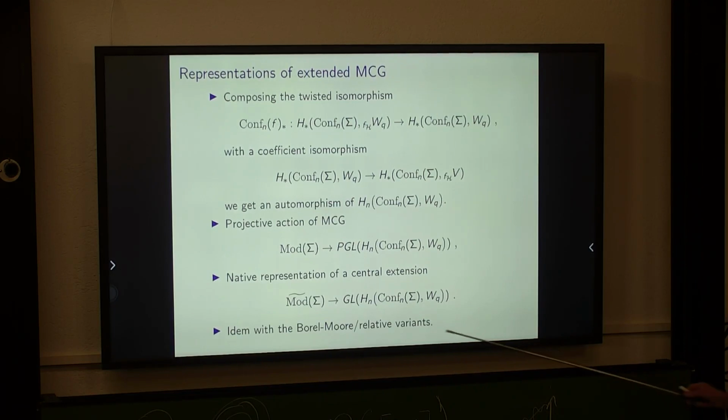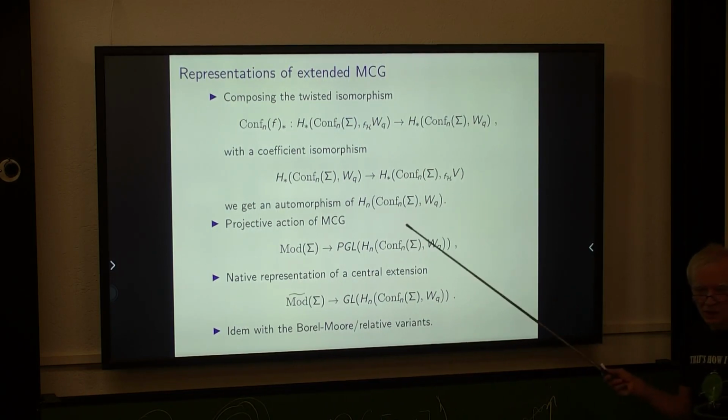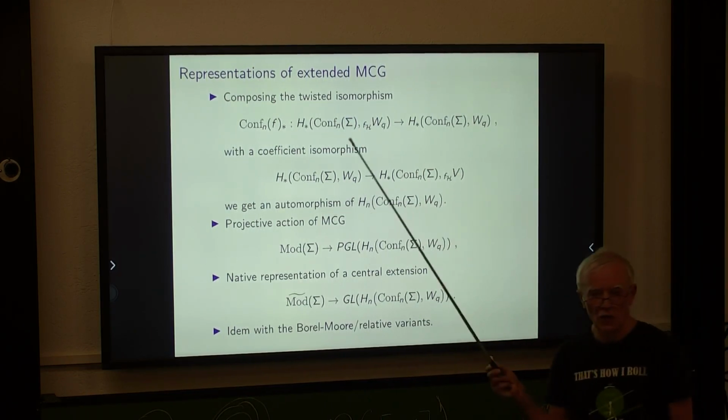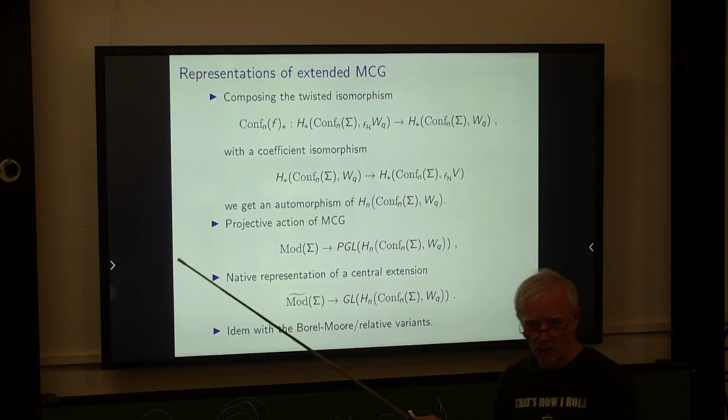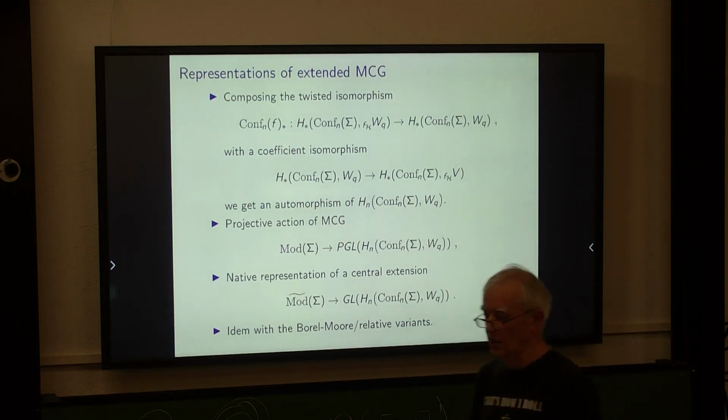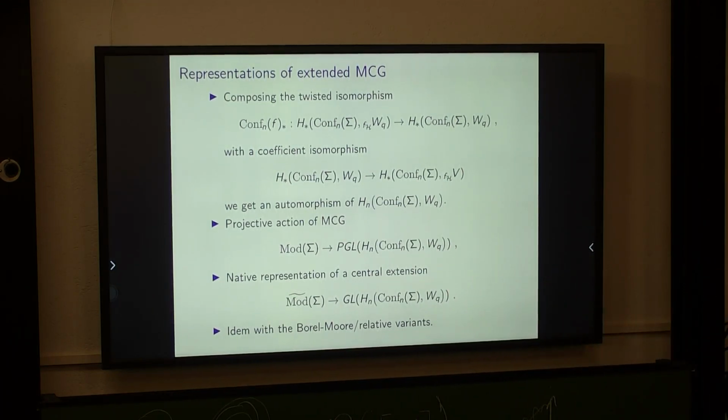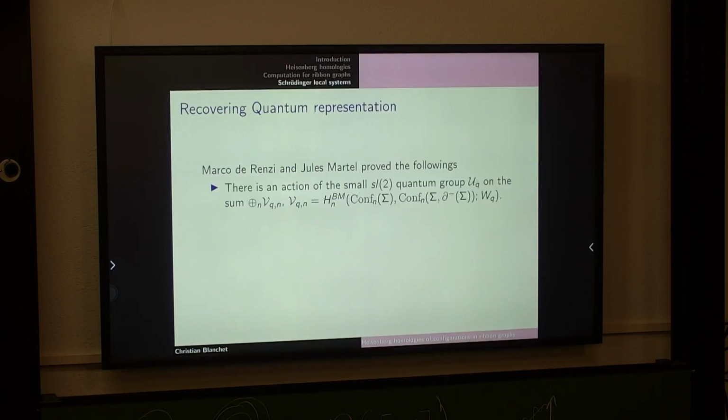And this is the same with Borel-Moore relative variants. So this construction with the Schrödinger representation gives you a representation of a central extension of the modular group for all the variants of these homologies. And this is where we are recovering quantum representations.